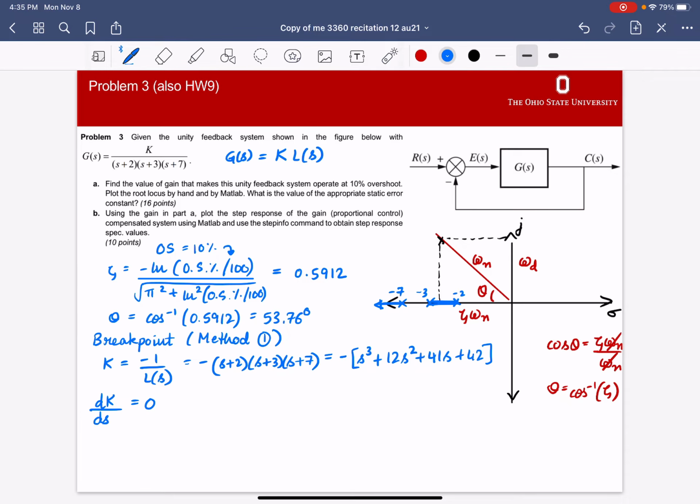And if you were to differentiate the above cubic expression, we end up with a quadratic expression that looks something like this.